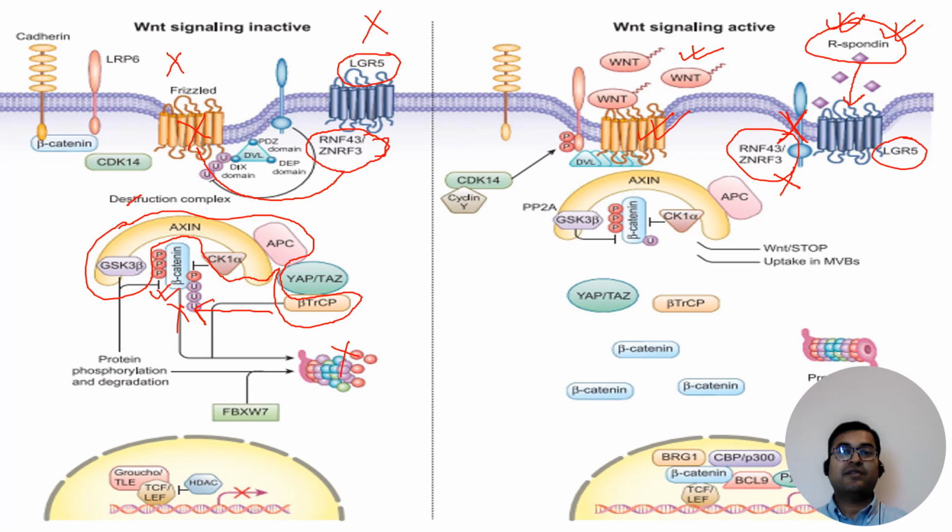It supplements the activity of this Wnt signaling pathway by regulation of Frizzled receptor. So if there is a high amount of R-spondin, the expression of this Frizzled receptor on the surface of the membrane will also be high, and this will induce the interaction between Wnt and Frizzled receptor.